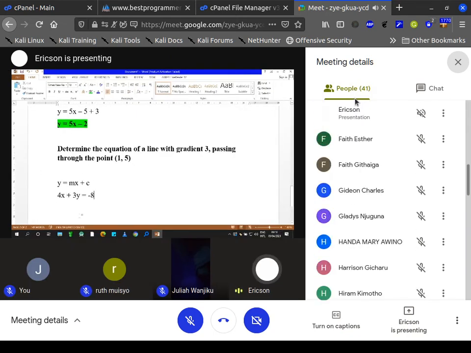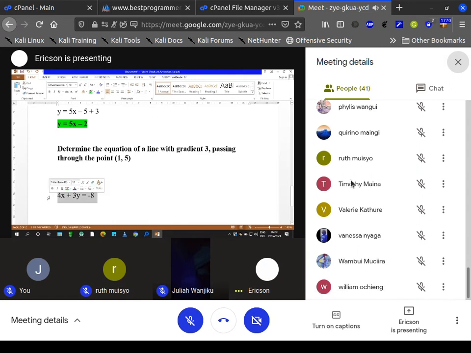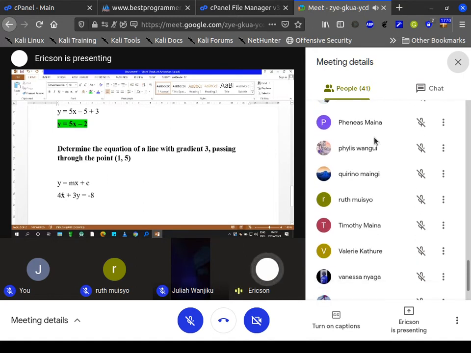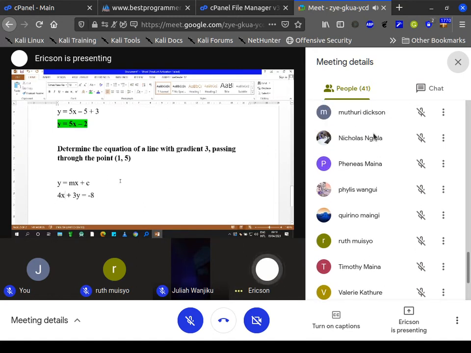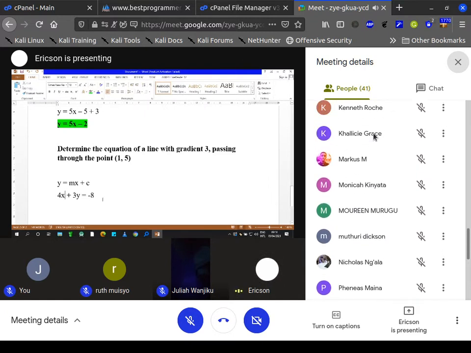Basically, how to do this is, write this equation in this form, that y on your left hand side, and then the other values on your right hand side.